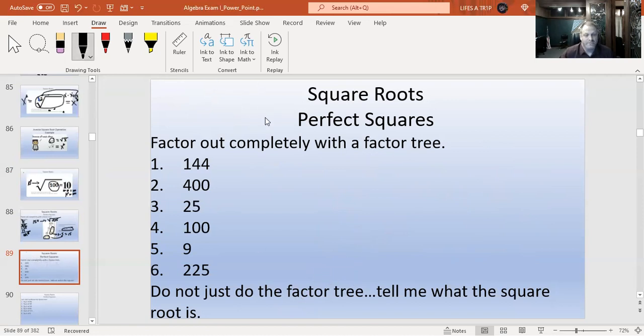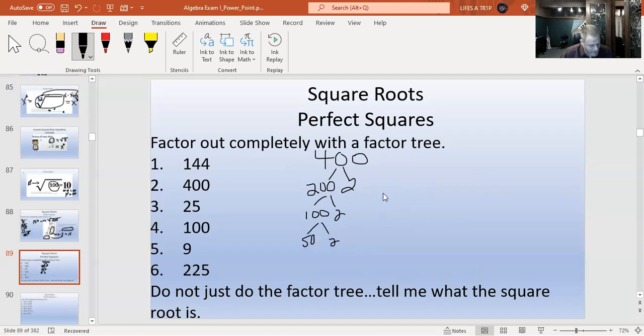Okay, let's do 400. All right, guys. So let's do the smallest number possible, which I think is a 2. And we can do 200. Okay, and the smallest number possible, which is a 2, and that can be a 100. Okay, smallest number possible, which is a 2 and a 50.